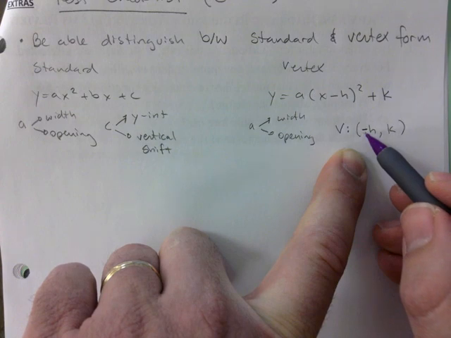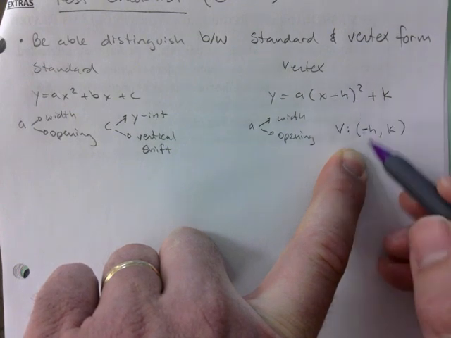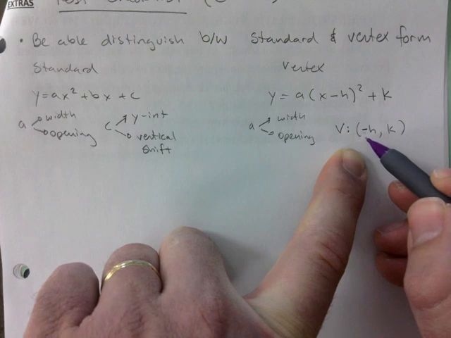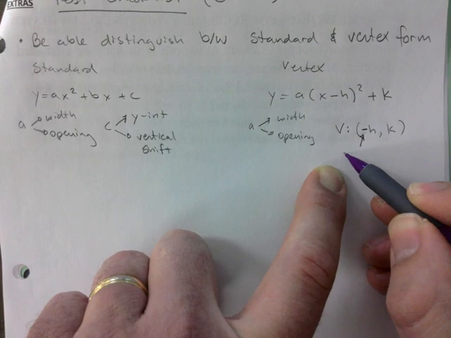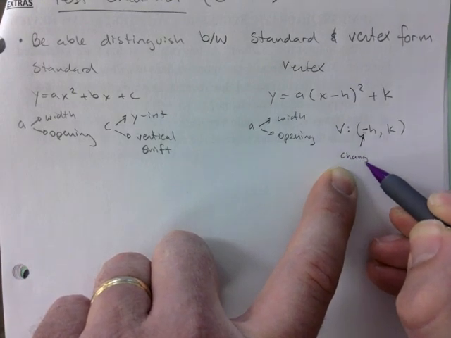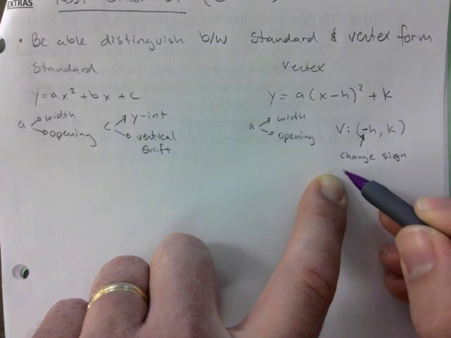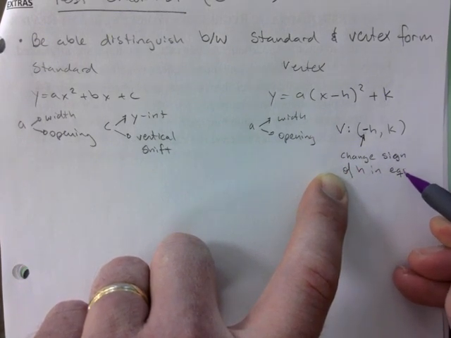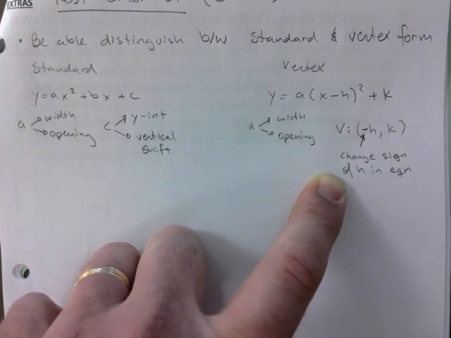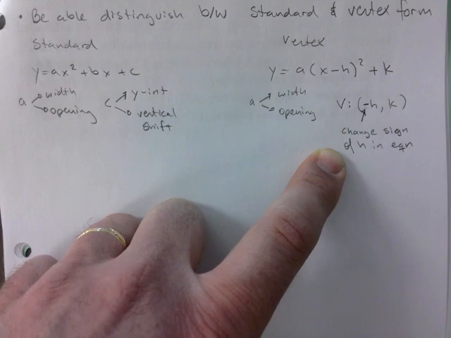But that negative, what it does is it changes the sign of whatever is in the equation. Okay. Here, let me see. I'll put an arrow in there. Change sign of H in equation. EQN, that's all I'm doing there. So that's what it does.